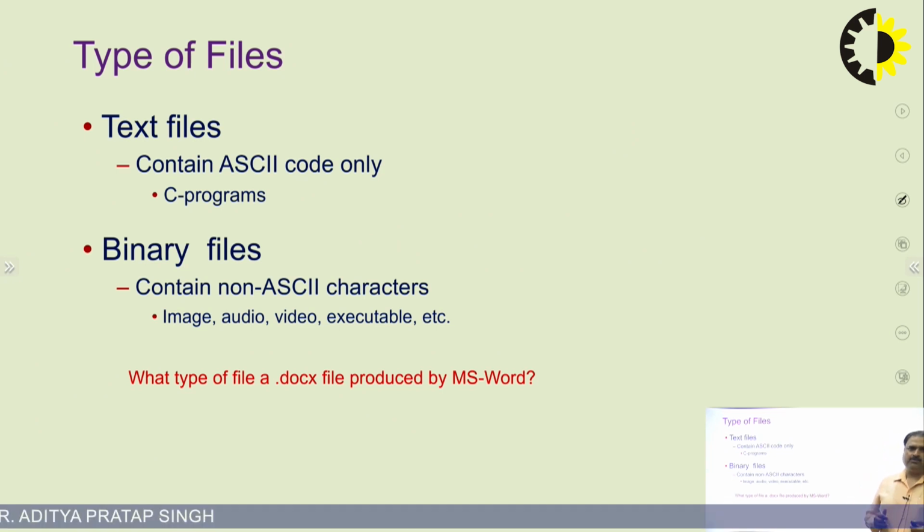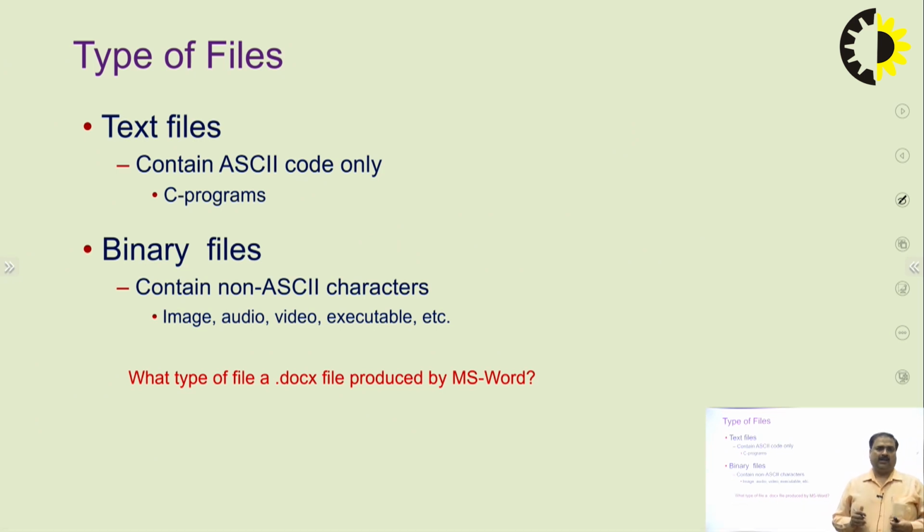So now let's talk about the types of files. There may be different types available, but in reference to C programming, we can classify files into two types. One is text files.